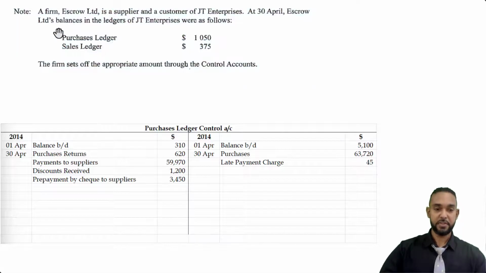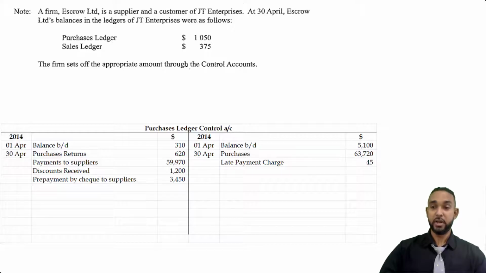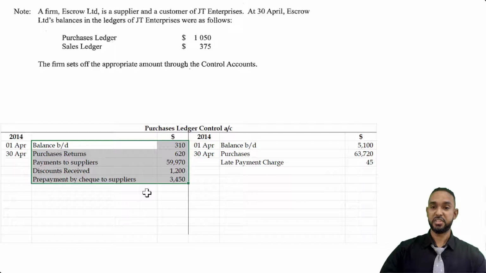Whenever you have a set off and they give you two figures, a purchases ledger figure and a sales ledger figure, you always use the lower one. Set off is a cancellation of common debt, and we always use the lower figure. Now, we are cancelling common debt, so it means we are going to be reducing the liability by 375, which means we're going to have an entry on the debit side that shows that reduction in the liability.